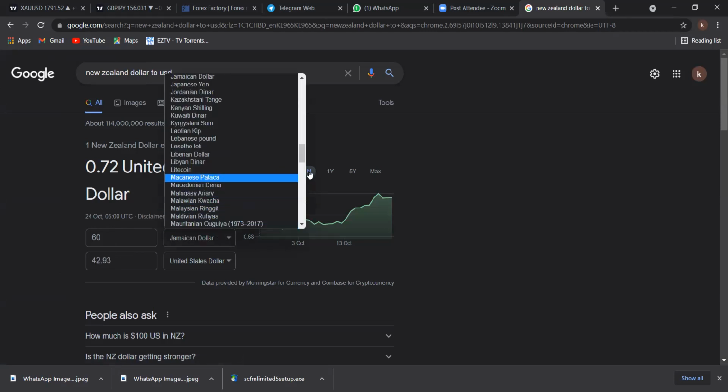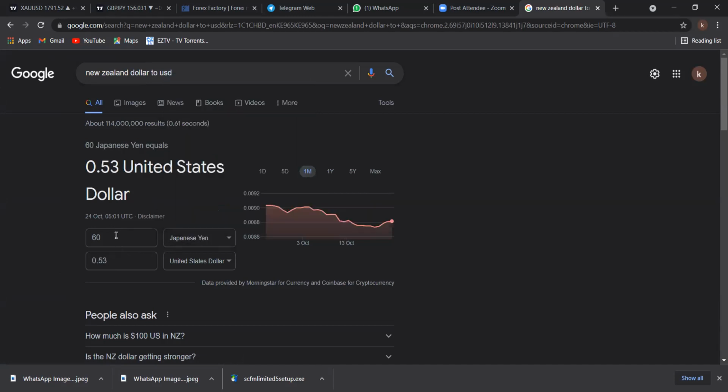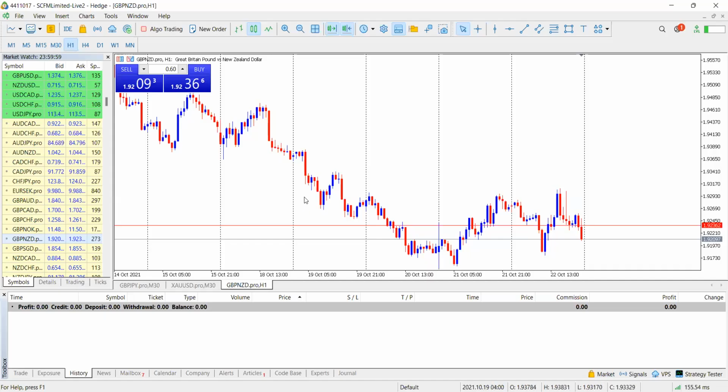Hebu tuende Japanese yen. Na Japanese yen hii tuseme ni 60, umepata almost 0.53, ni almost $53. So even ndo nilienda nikaanza kuona by the way ina make a lot of move.